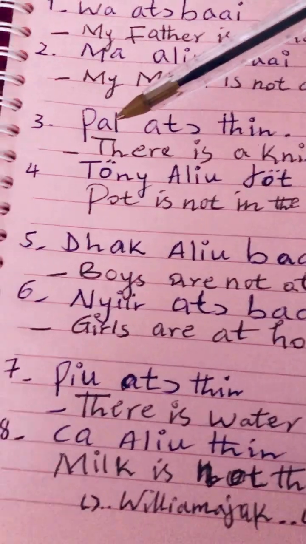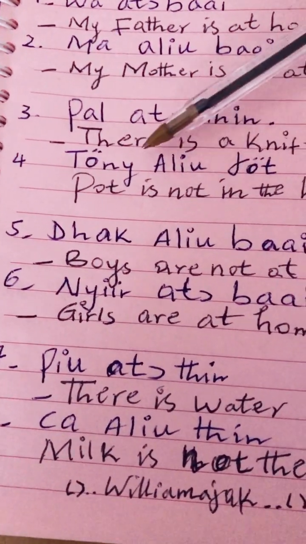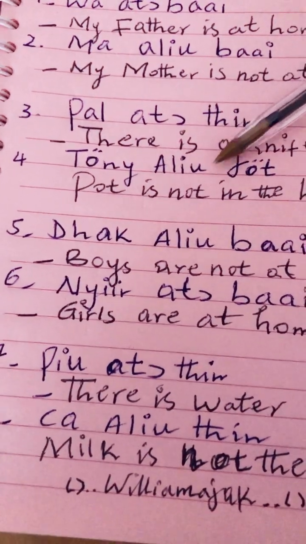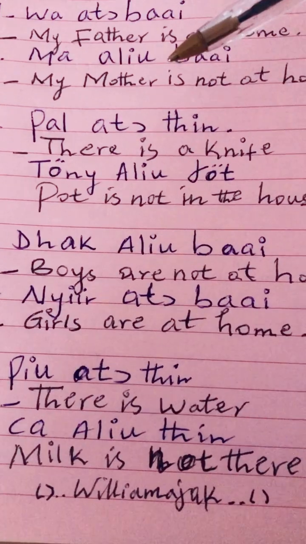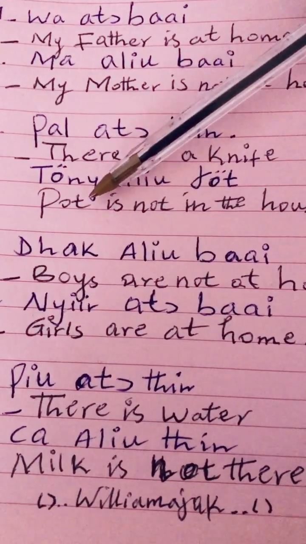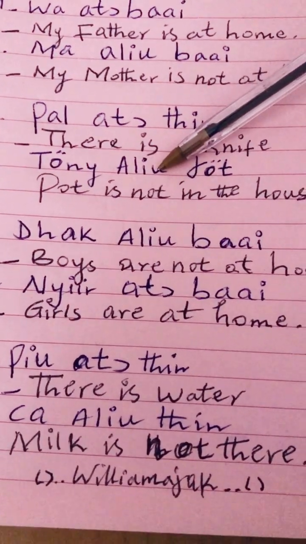Number four is a new word: tony aliu hot. Can you guess how we translate it into English? Tony means pot. Aliu, we know it is absent.